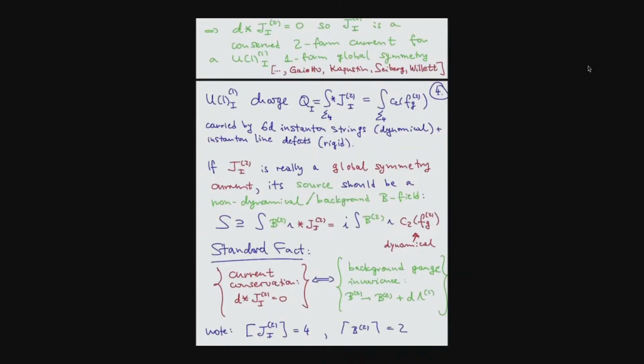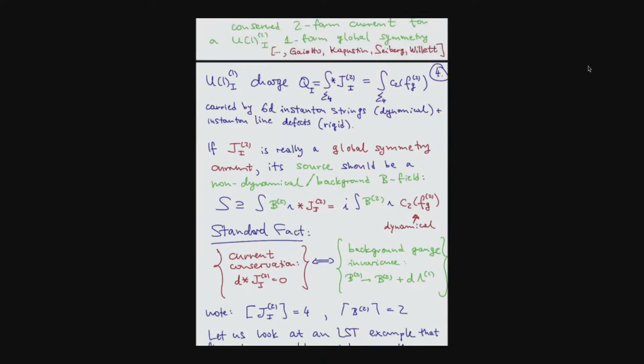Let me remind you quickly how you get from this conserved 2-form current to the 1-form symmetry. In order to define the corresponding charges, you integrate the instanton density over a closed 4-cycle. That gives you an integer, the instanton number on that 4-cycle. And there are charged objects whose charge is measured by these kinds of integrals. For example, in 6D gauge theories, the uplift of the standard BPST instanton is a solitonic string, and that string is charged under this symmetry.